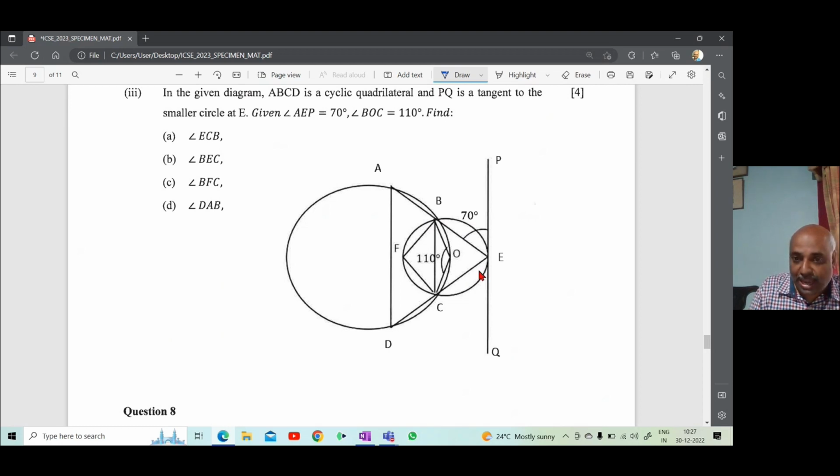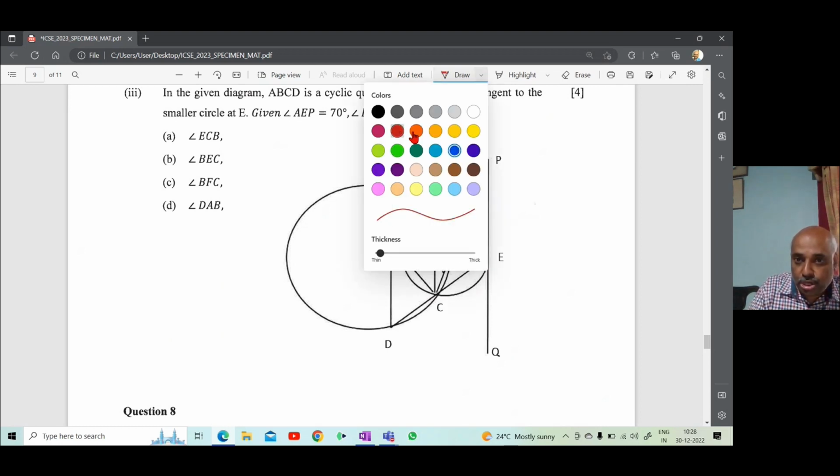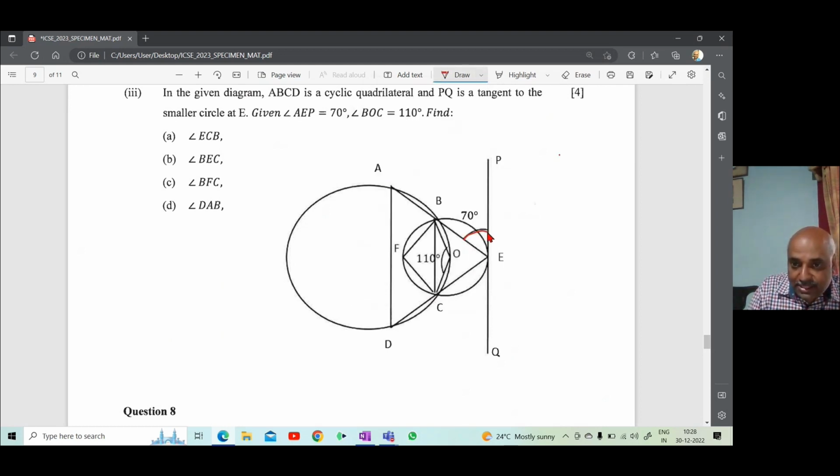to the smaller circle at E. So this is also a small circle, and this is the tangent. PQ is the tangent. So they are saying angle AEP is 70. I'm going to use a different color. This angle is 70, they have given in the question.